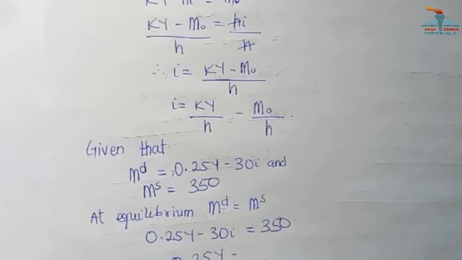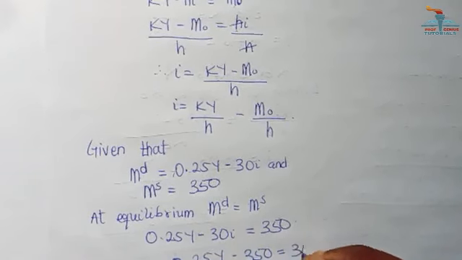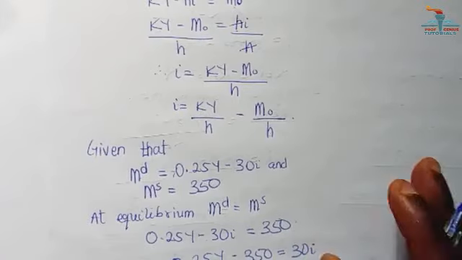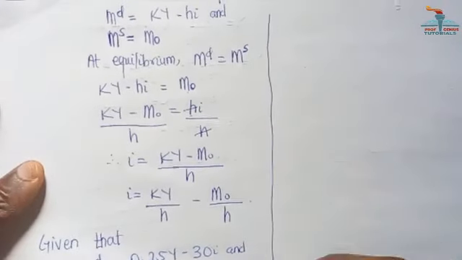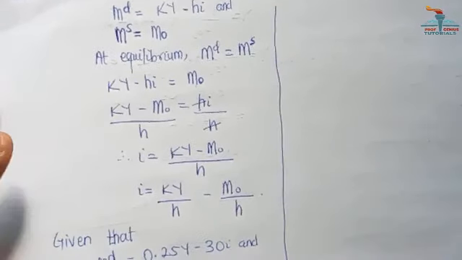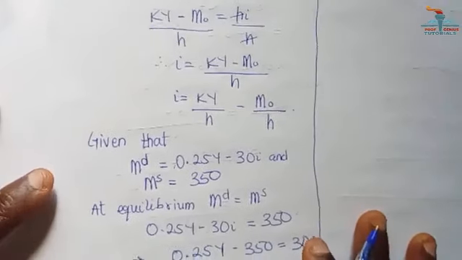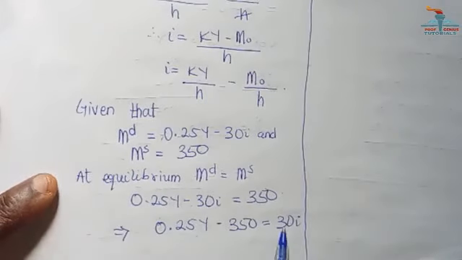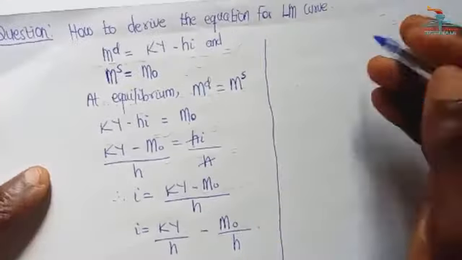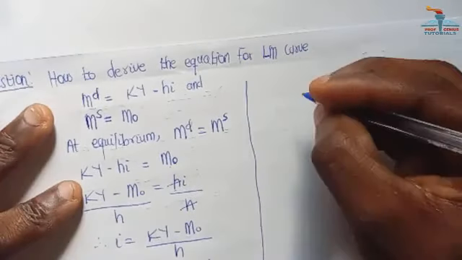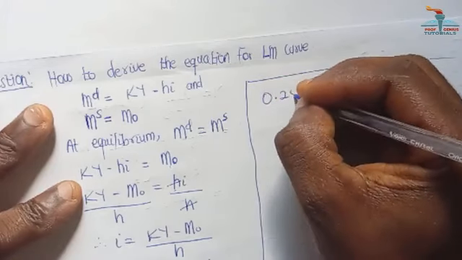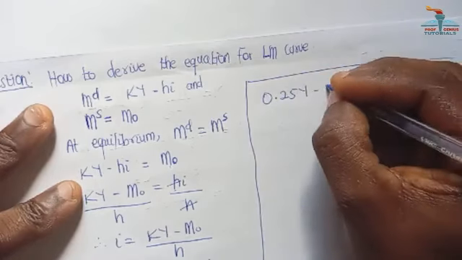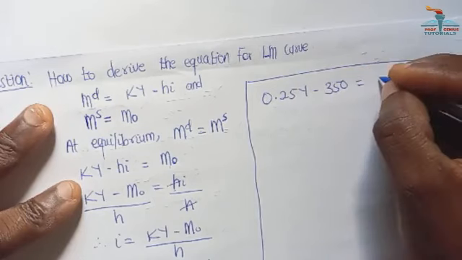We are going to get 0.25y minus 350 being equal to 30i. We want to make I the subject, so we have to divide both sides by 30. So we had the equation 0.25y minus 350 equal to 30i.